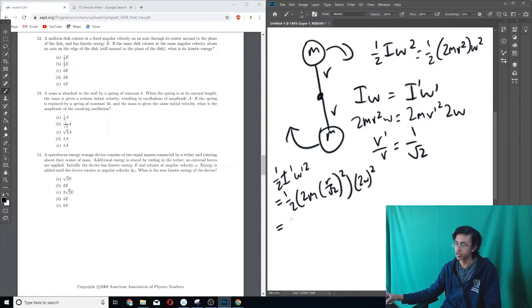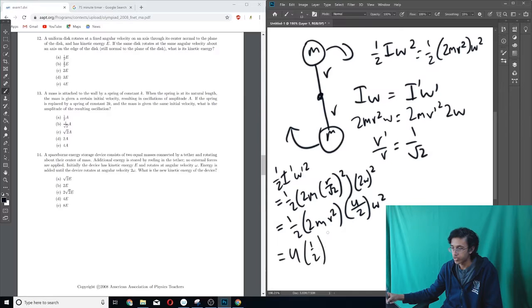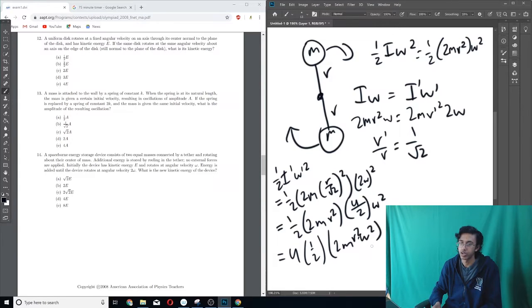This is equal to 1/2 times 2m r squared times 4 over 2, w squared, which is 4 times 1/2 times 2m r squared w squared, which is 4 times our initial kinetic energy. So the answer is just D. Alright, that was a pretty intense problem.